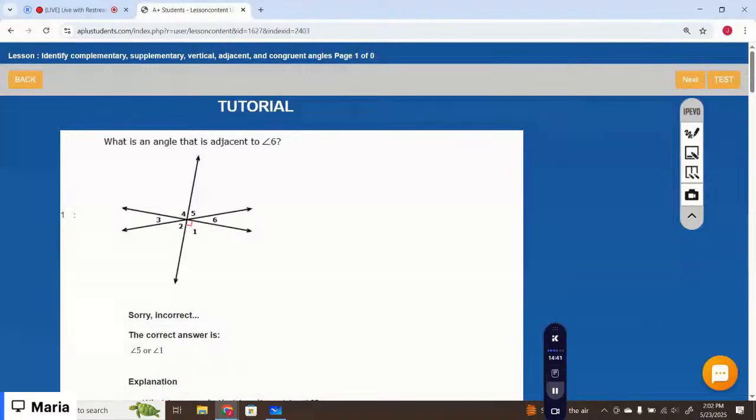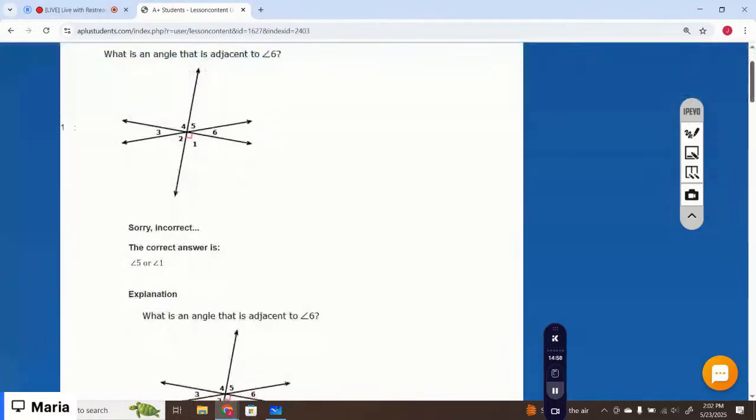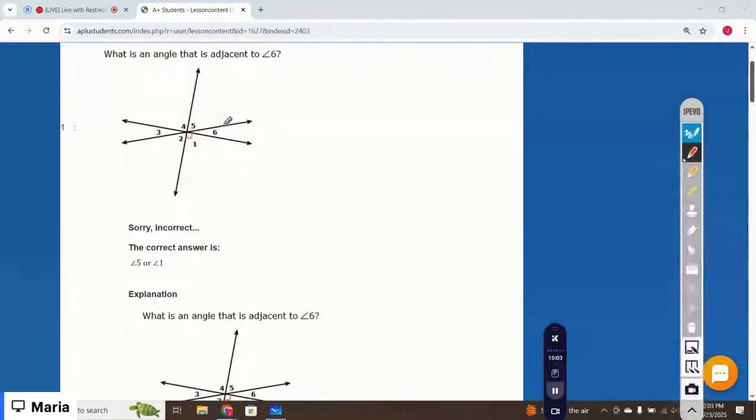What is an angle that is adjacent to angle 6? So we need to find the adjacent angle of angle 6. Here is angle 6.